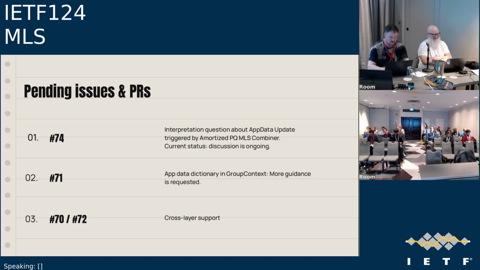And then we have 3 open issues and another PR that is linked to one of them. There was quite a bit of discussion. So in reverse chronological order, number 74 was triggered by the amortized PQ MLS combiner and was brought over to MLS extensions.